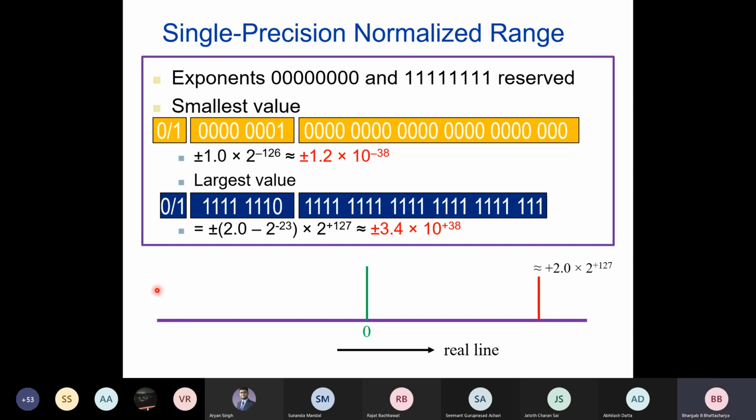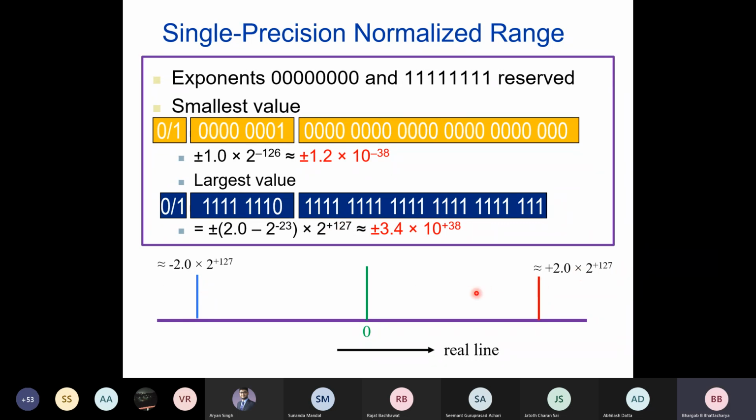Okay, so what about this side? This is the same thing but with the minus sign: 2 to the power 0 into 2 to the power plus 127, the same value. One is plus, one is minus.